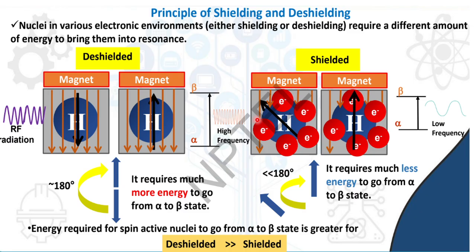Obviously, if the nucleus is in various electronic environments, different magnetic moments will be generated and different amounts of energy are required to bring them to resonance. So here, for example, there is one H proton, and if it is directed from lower, we say that it is deshielded.